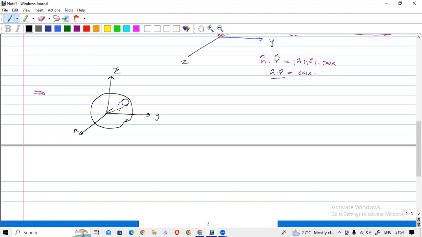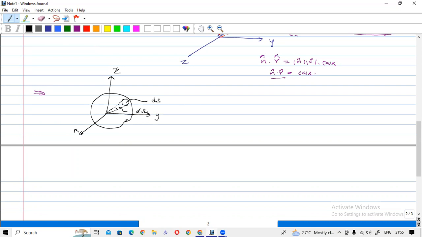So this is a very small area, let's say that is dS, and that small area created a small solid angle d omega.